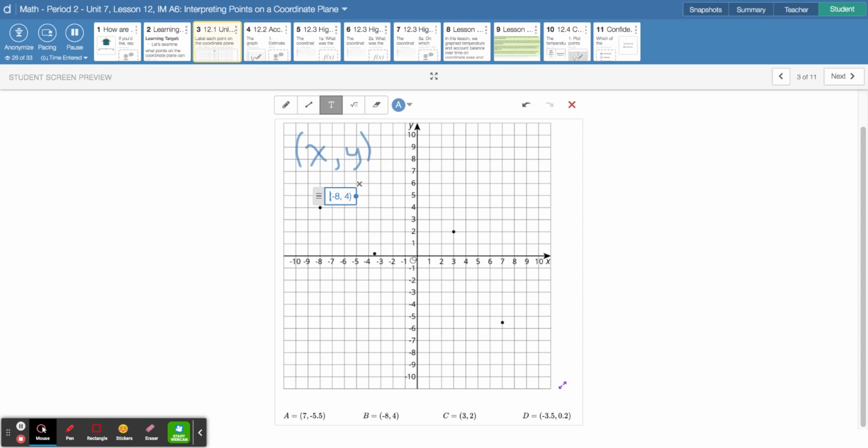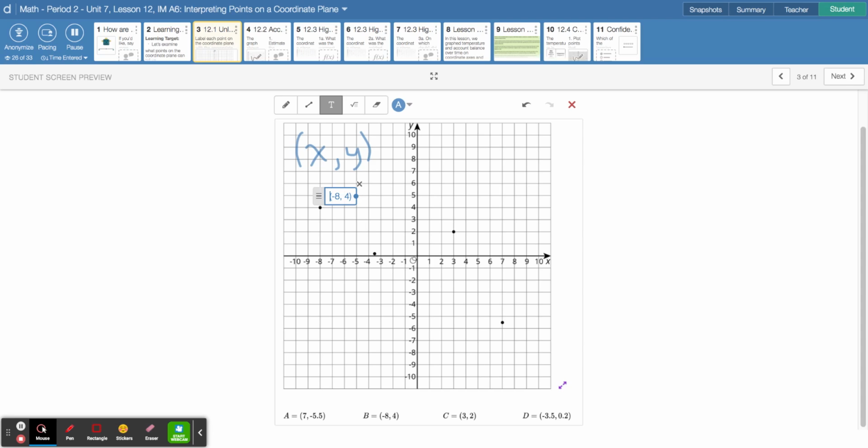Taking a look at this next one right here. I'm going to add my text tool to that as well. For this next one, I'm noticing that I'm going from my origin -1 to -2, -3, and I'm still going a little bit more, not all the way to -4 though. So this is actually going to be right between -3 and -4, so it looks like about -3.5. And I'm not quite sure what this point is right here, but looking at my choices, -3.5 for my x-coordinate does match here with a 0.2, which makes a lot of sense for this one because it doesn't even make it to 1.